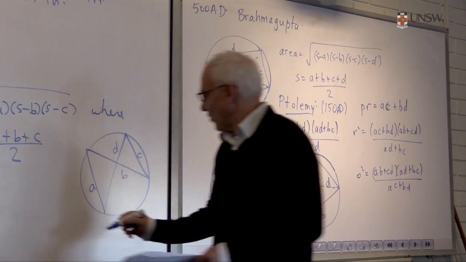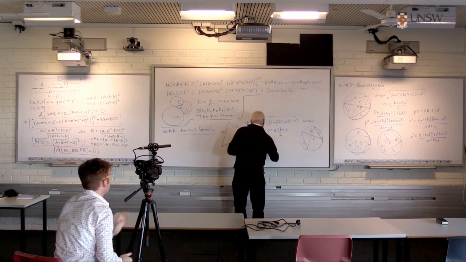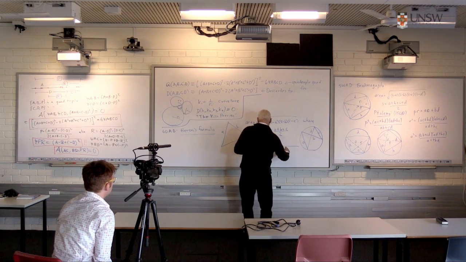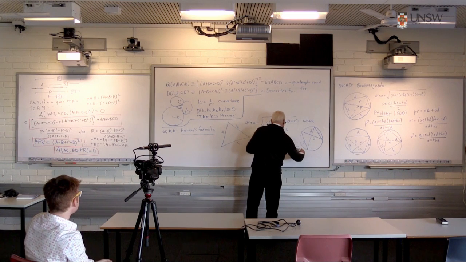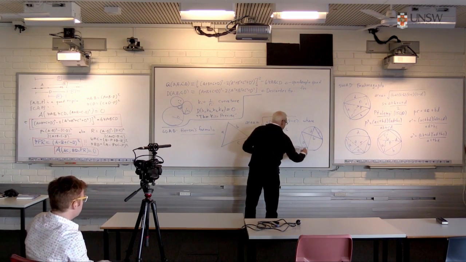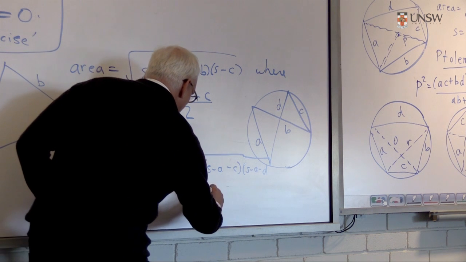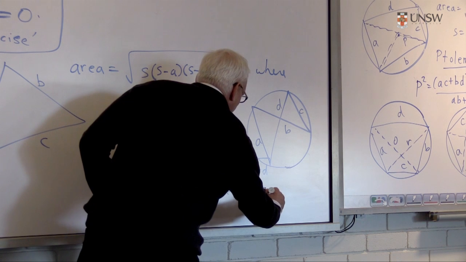Well, it turns out that there's also a similar formula. The area equals the square root of (S times S minus A minus B times S minus A minus C times S minus A minus D). Right? That's a Brahmagupta type formula for a non-convex cyclic quadrilateral.